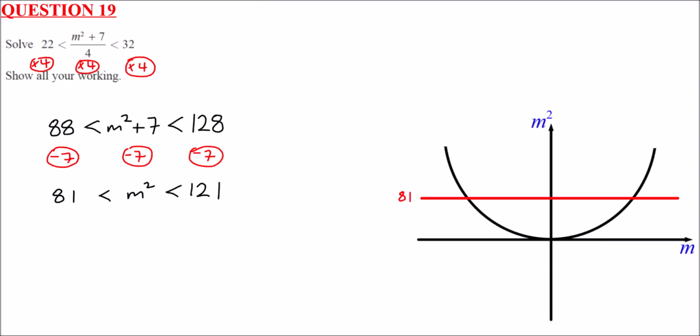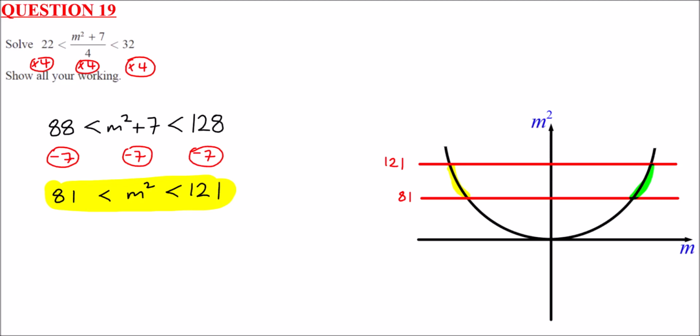But also we want it to be less than 121. So we need the height of this graph to be in between these two lines, higher than 81 but lower than 121. And so we're looking for this region here and also this region here too.